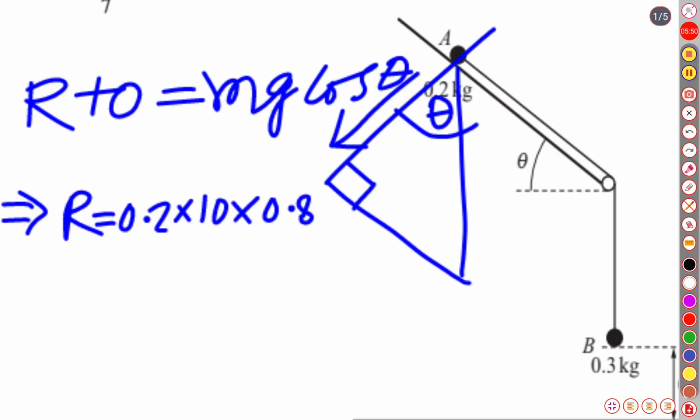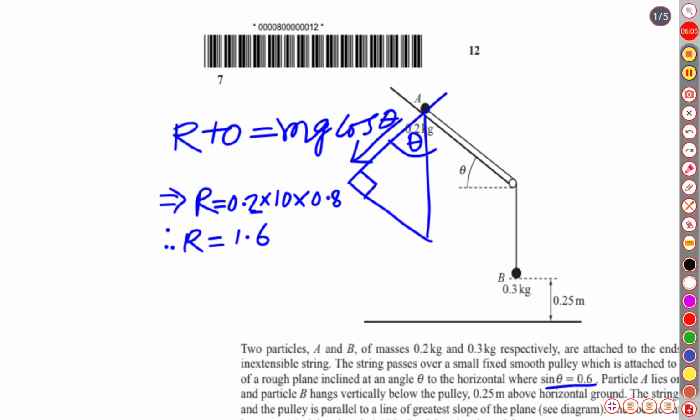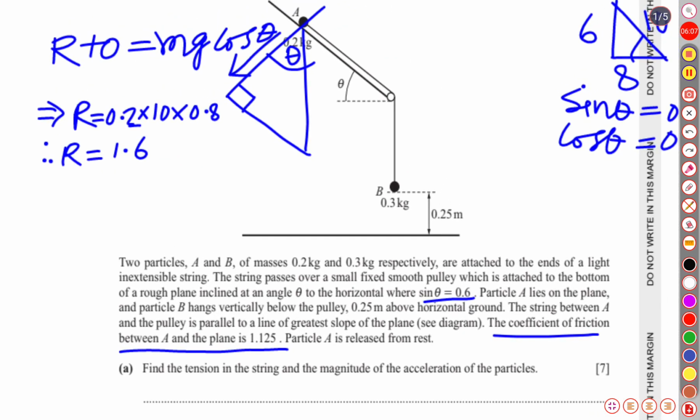If we multiply all of these quantities, 0.2 times 10 is 2, and 2 times 0.8 is 1.6. So 1.6 is our normal reaction force. Our normal reaction force is 1.6 Newton.